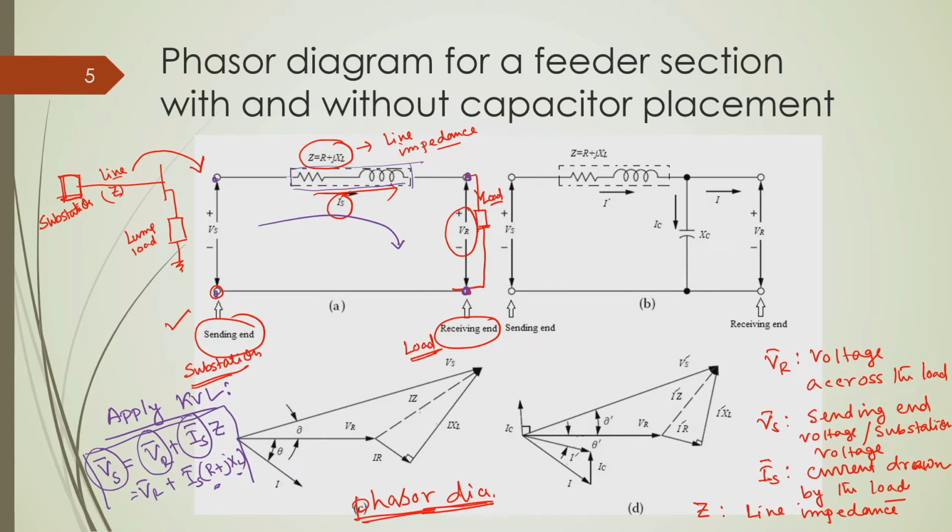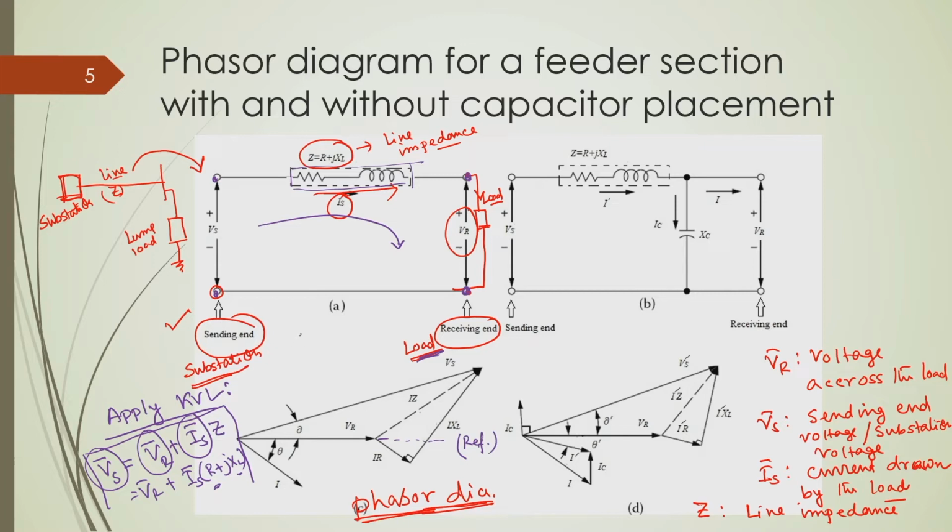These are the phasor quantities we know. Z is not, Z is constant, it does not depend upon time. So, considering this receiving end or load end voltage as a reference, we will draw this phasor diagram here. So, we assume this V r as a reference.